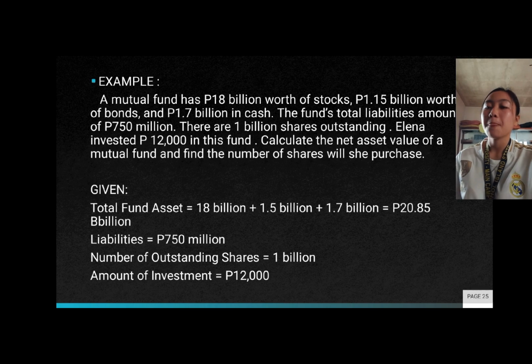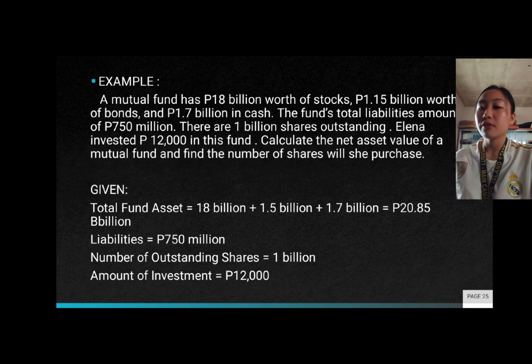So in this example, we are going to find the net asset value of a mutual fund. The given are the total fund assets, 18 billion plus 1.15 billion plus 1.7 billion, which is equal to 20.85 billion pesos. And the liabilities is equal to 750 million.